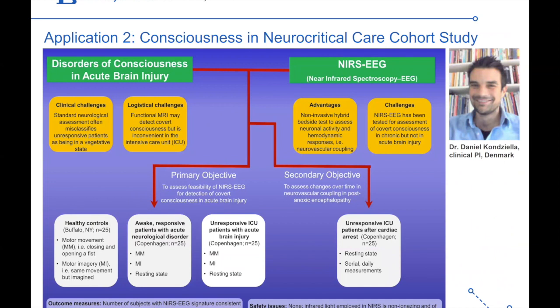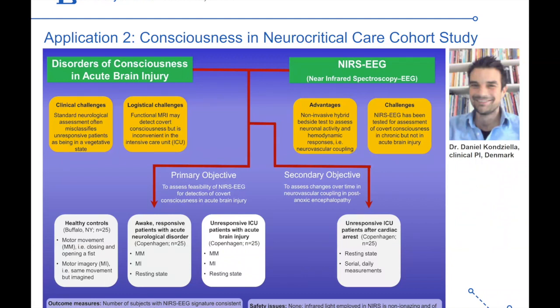Now I wanted to highlight the second application, which is in Denmark. This is a disorder of consciousness study, an adult application of this system or the signal processing. I won't go into too much detail of this study, but the basic idea is to identify, using near-infrared and EEG, the state of consciousness and the prognosis, and whether we can identify some prognostic biomarker of recovery.